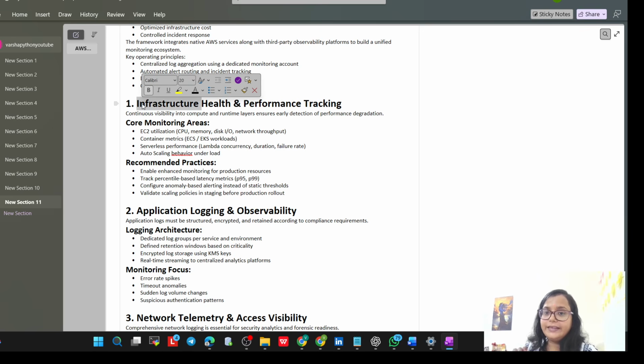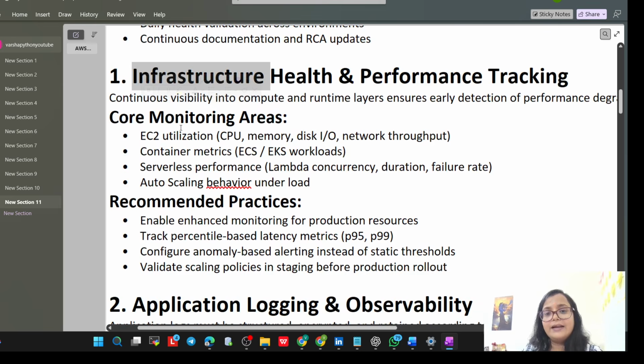The core monitoring areas are EC2 utilization, meaning CPU, memory, disk input output, and network throughput. Second are container metrics, that is ECS and EKS workloads, and serverless performance like Lambda concurrency, duration, and failure rate. Third is auto scaling behavior under load.